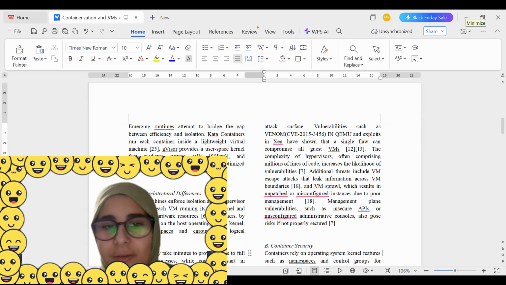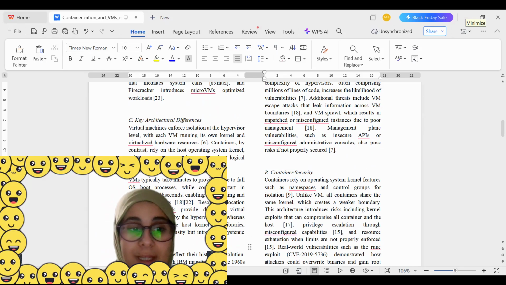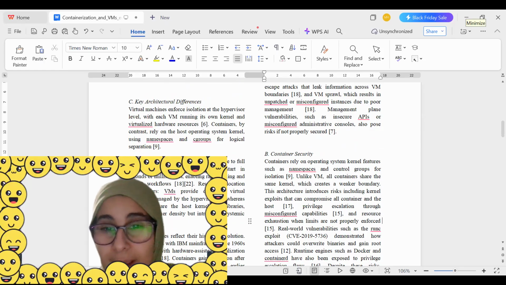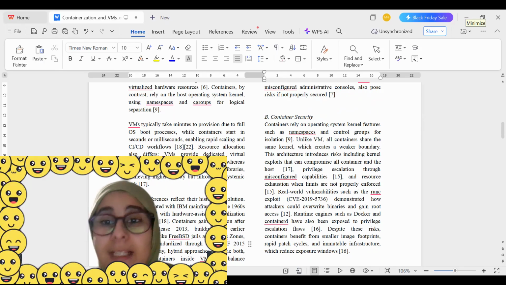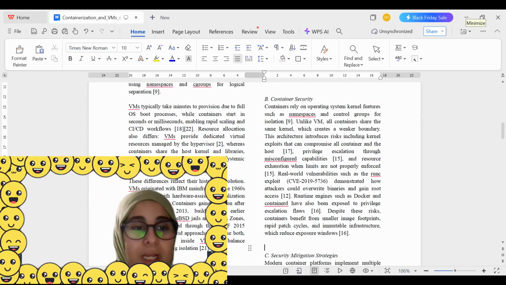But a container is not good for this. It shares the host with a greater attack surface, so it can be attacked very soon, as mentioned here. Although it uses namespaces and cgroups, it has a risk of container escape.